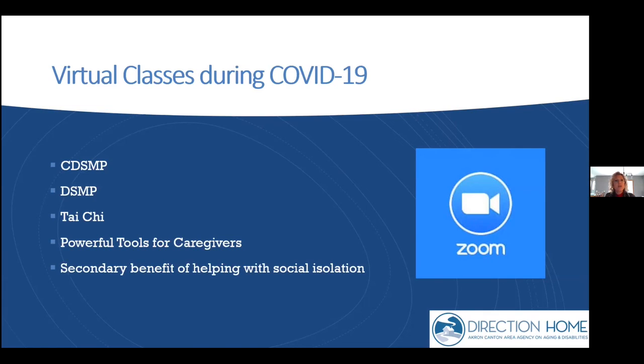And along with the information given with these evidence-based classes, we are also finding that it's got a fantastic secondary benefit of helping people with social isolation, especially going into winter, where we can't even get out now to take a walk in the park or do things outside that the warmer months allow us to do.